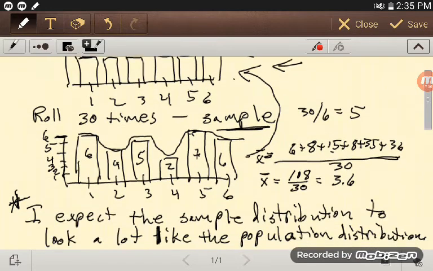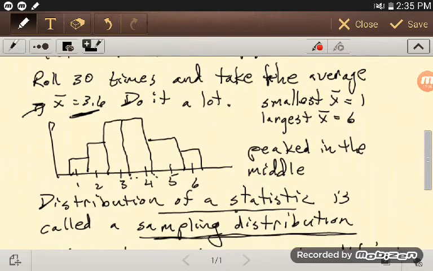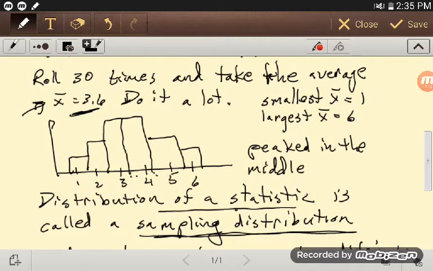But if I'm looking at the average of those numbers, then I would expect that if I take, say, 30 rolls, most of the time the average is going to be in the middle, and hardly ever will it be out at the fringes.